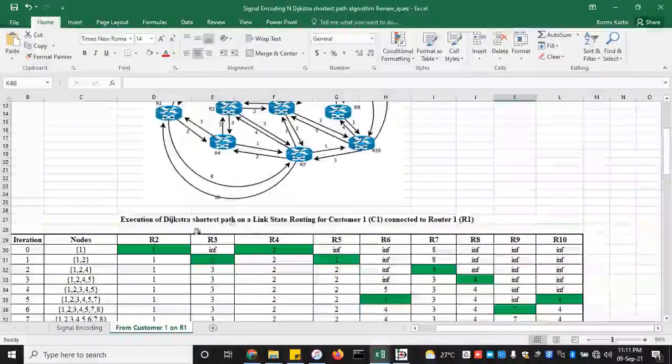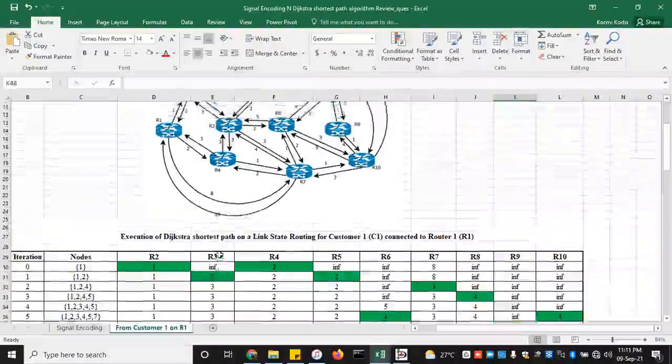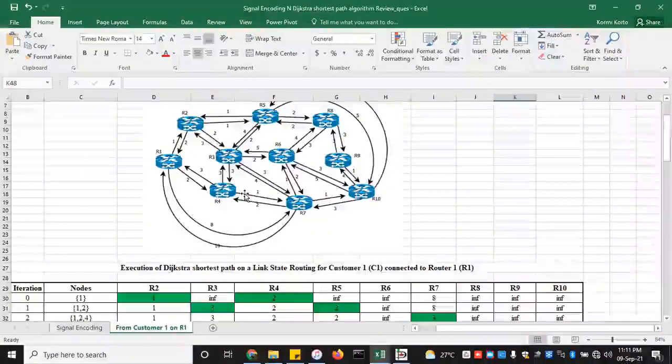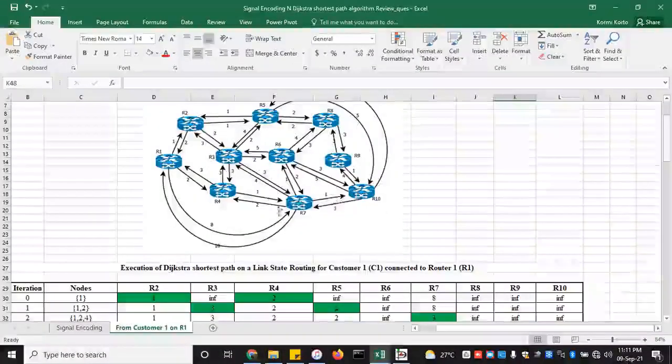And you should be able to derive all the various costs associated with moving the information from its point to other points within that network. In this case, it was customer one connected to router one forwarding packets to all other customers connected to every other router within this network.